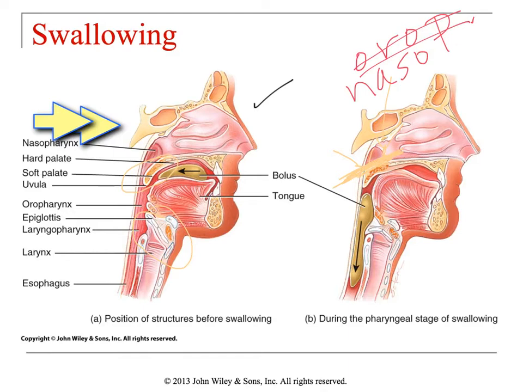The epiglottis is going to close over the larynx so that the food can't go down into your trachea. And then your tongue is going to rise up and push the bolus back.